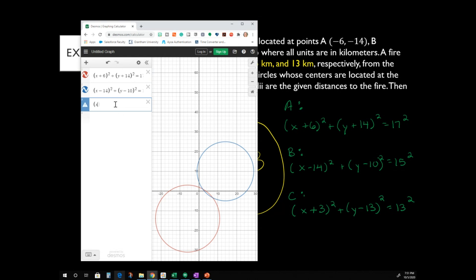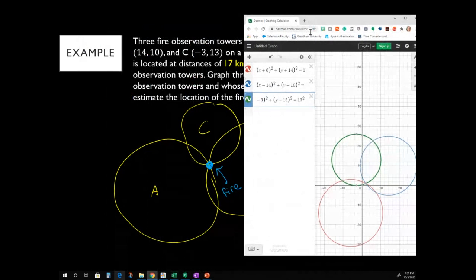And then the last one, (x + 3) squared plus (y - 13) squared equals 13 squared. So, yeah, my drawing's not too bad. I did the terrible circles, but I did a decent job showing what it would look like.